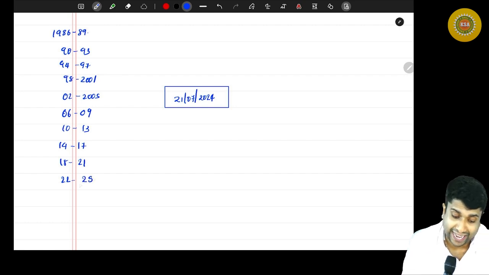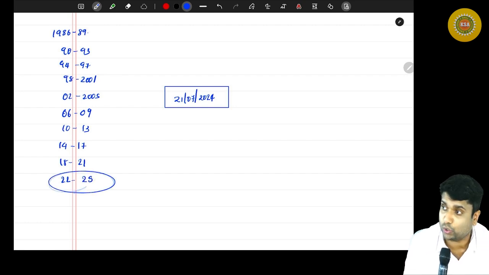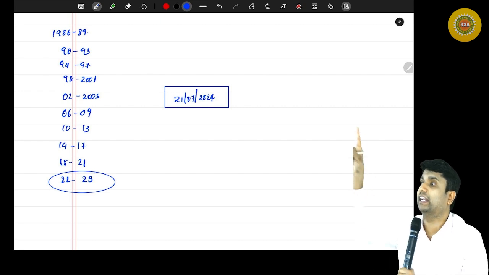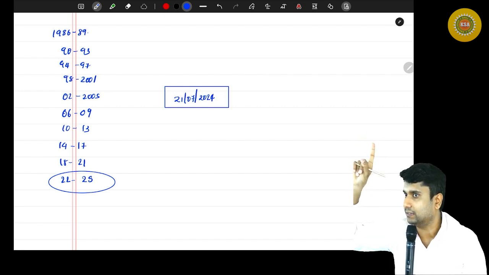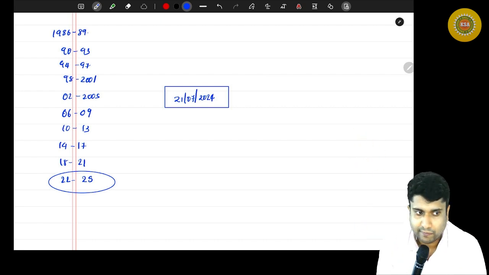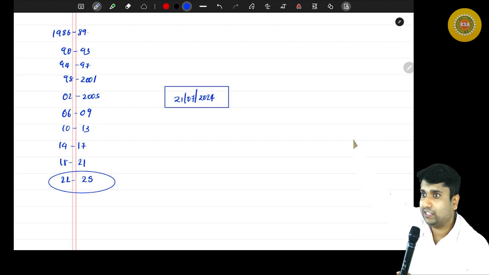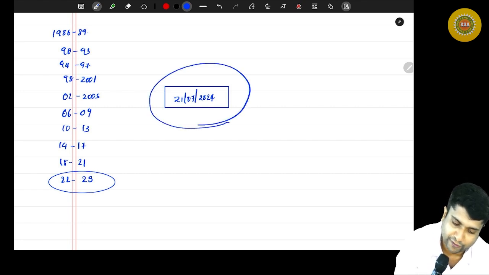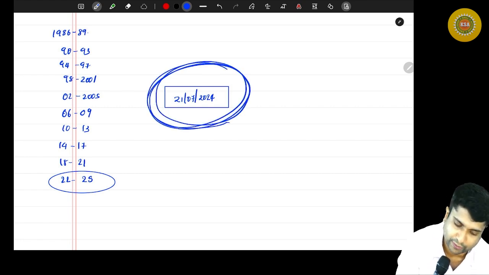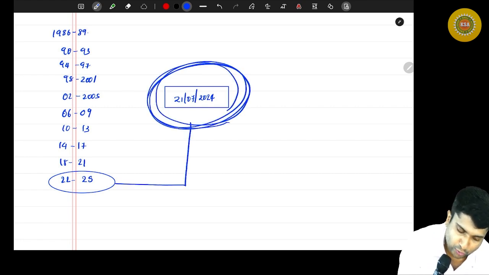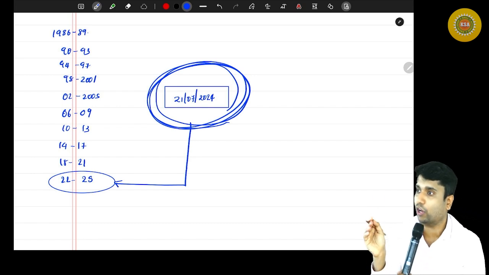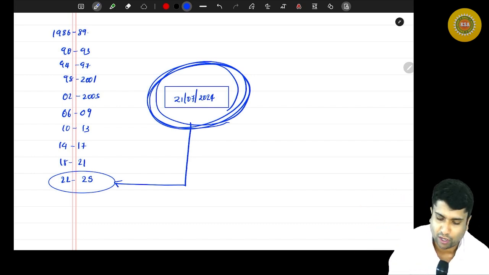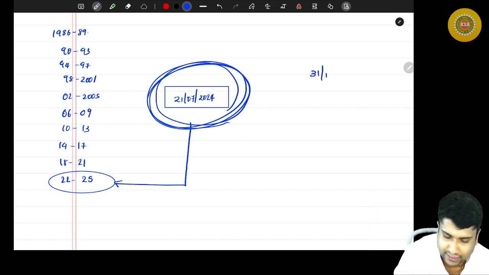So you are entering into this 2022 to 2025 calendar year block. Calendar year, not previous year. Yes, I have written everything for a better understanding of the topic. So when you are joining on 21st July 2024, you are entering into this particular fixed block. This block will get over by 31st December 2025.